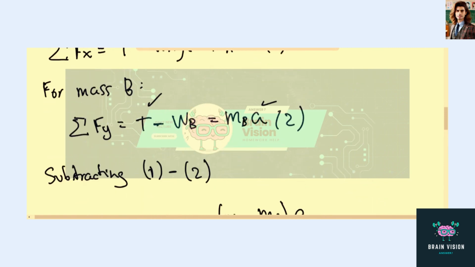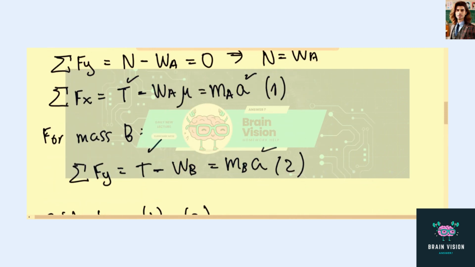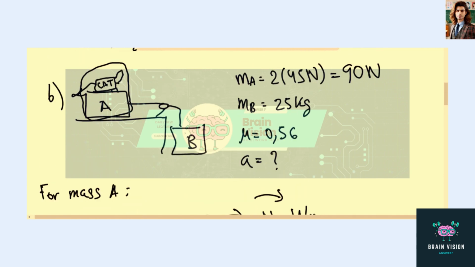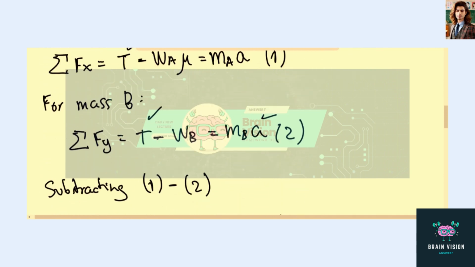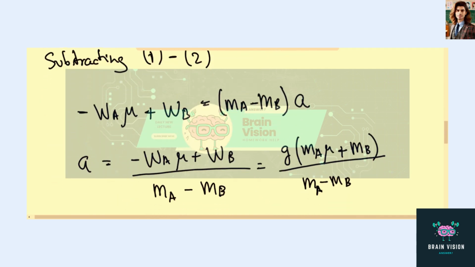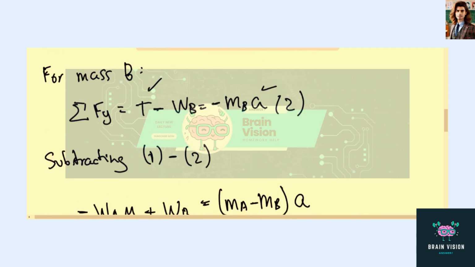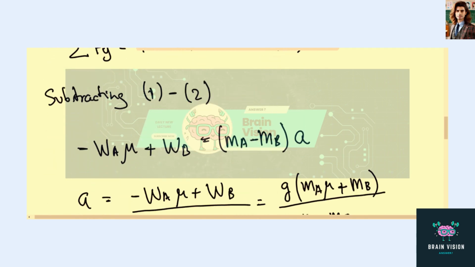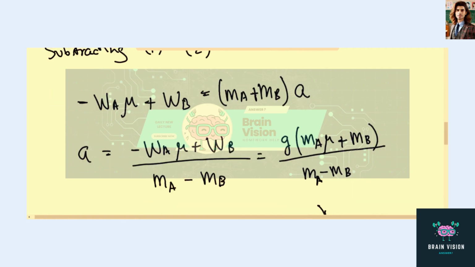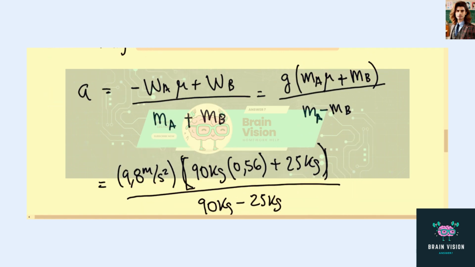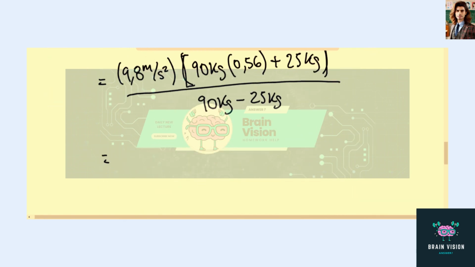Because the mass mB is moving downwards, we need to account for that in the equation for mass B. So this mass must be equal to minus mB. So in this sense, when we subtract equation 1 minus equation 2, we obtain a plus here. So here it is the sum of the masses, and it will be plus the masses here.